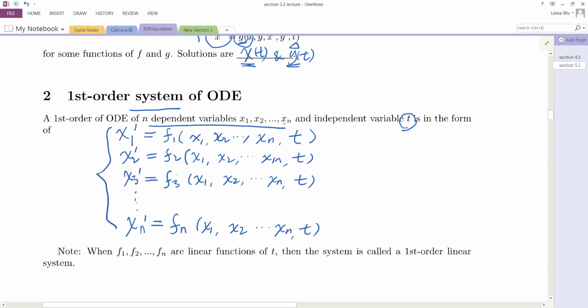So this would be a first order system of ordinary differential equations of n dependent variables. This is the general look of it.